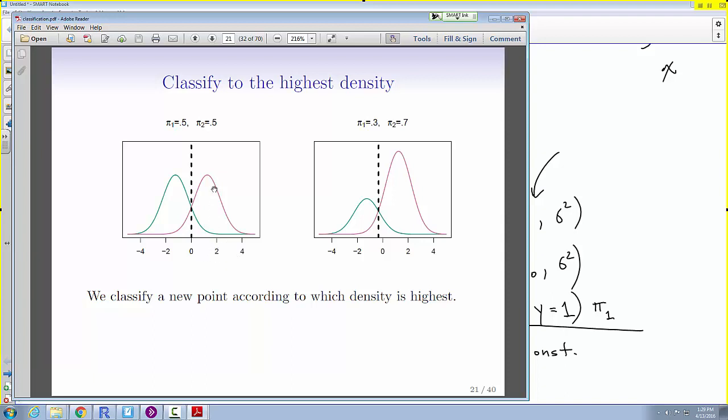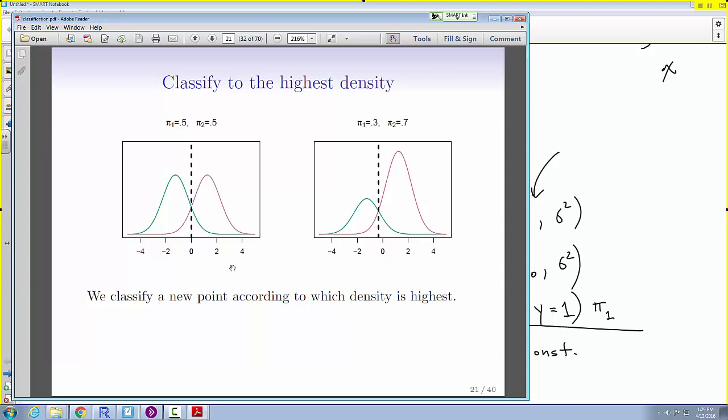There's more probability for the red curve sitting over 2 than there is for the green curve. There's more likelihood that it came from cancer than from normal. The density height becomes our mechanism for classification. Are you more likely under this class, or under that class?